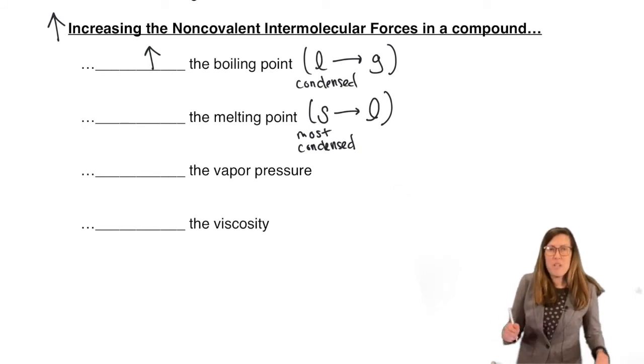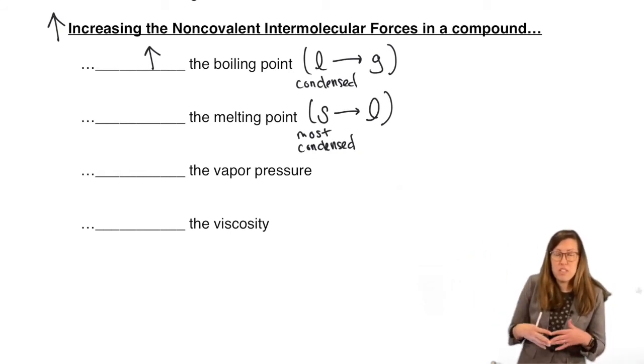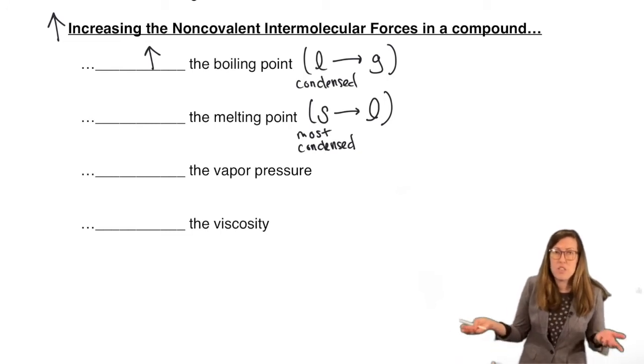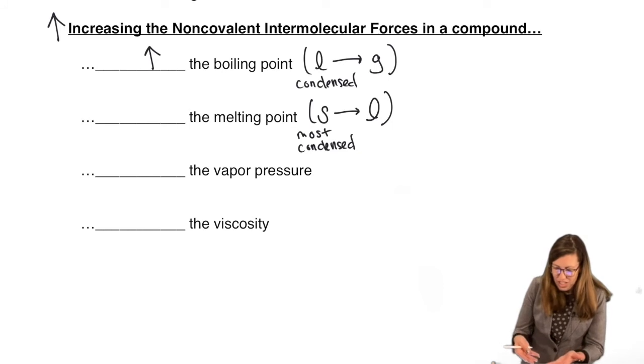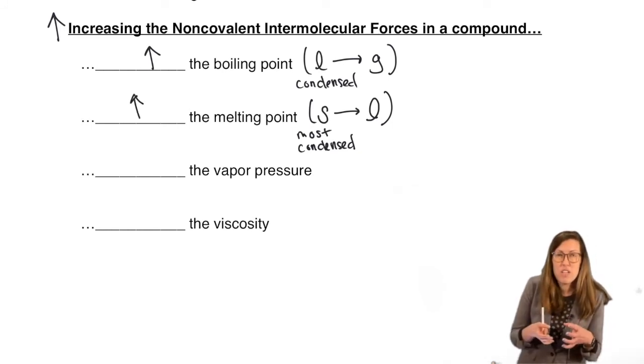So breaking apart an intermolecular force in a liquid to transition to the gas phase is breaking apart the same intermolecular forces that you would have to do in a solid to transition to the liquid phase, right? So when you melt something, you're not destroying the molecule, you're destroying the intermolecular forces. So melted water is still water, right? So it increases the melting point as well. The tighter their forces are, the harder it is to melt it. The temperature will be higher.